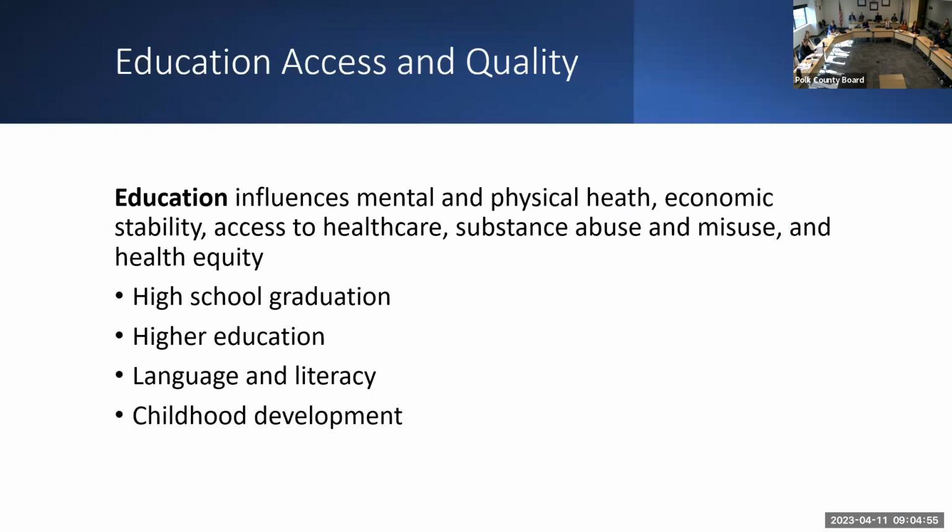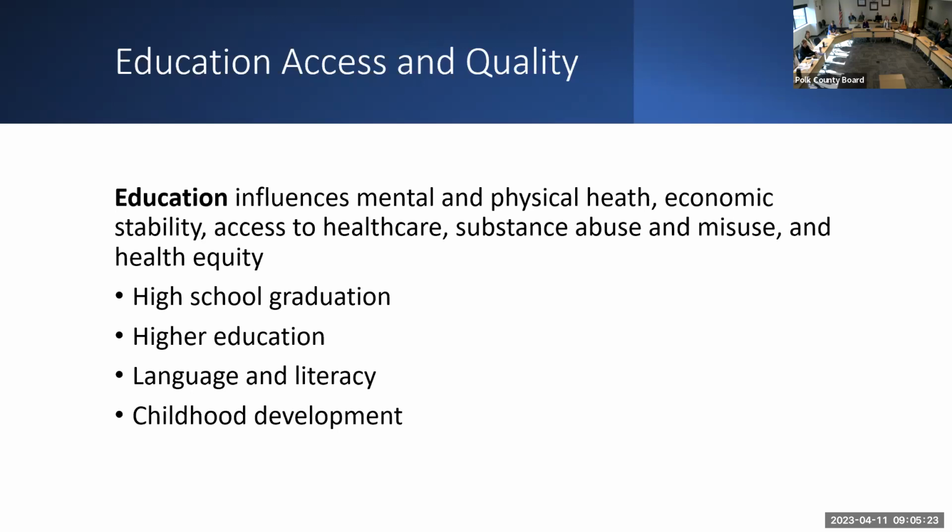Education influences mental and physical health, economic stability, access to healthcare, substance abuse and misuse, and health equity. So some things within education that might determine or influence a person's health would be whether or not they're a high school graduate, whether or not they have higher education, their language and literacy level and skills, and childhood development and education levels, all of those things.